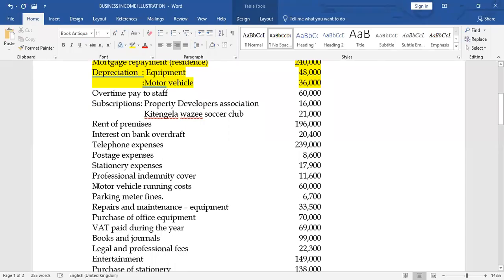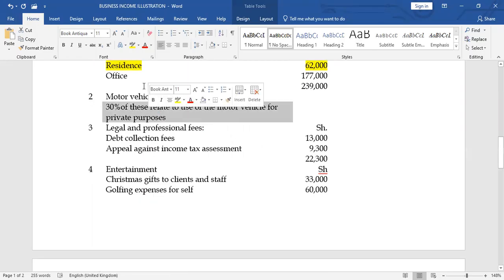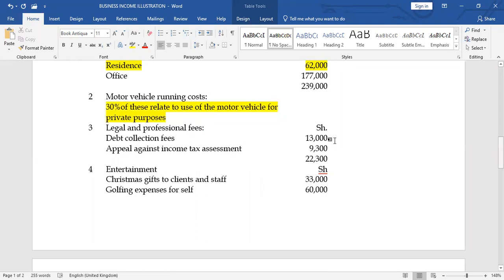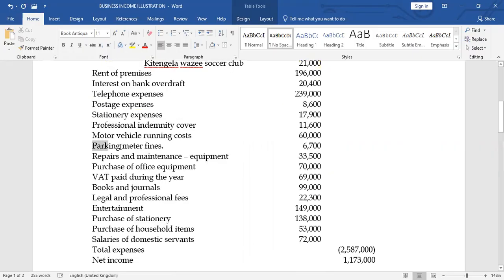Motor vehicle running cost is allowable. Ordinarily, motor vehicle running expense is an allowable expense. However, we are told 30% are private. Let's not forget that there is 30% that is private. So we'll be calculating 30% of 60,000, what is it?